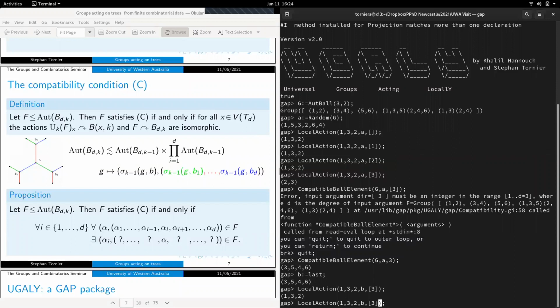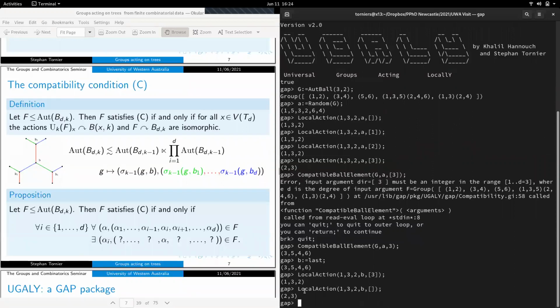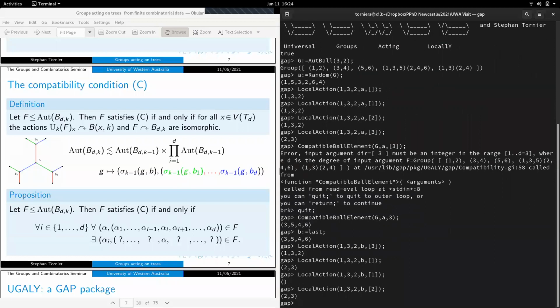Similarly, at the center, I now have what used to be the action in direction 3. And everywhere else, I don't really care what happens as long as it's still in the same group.